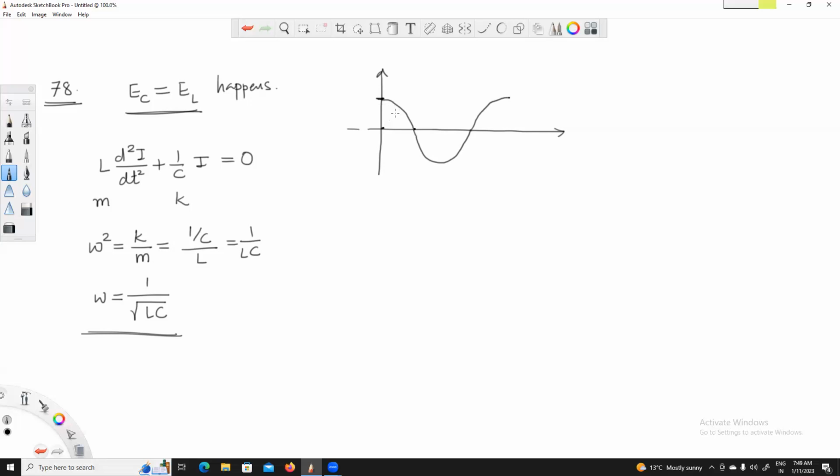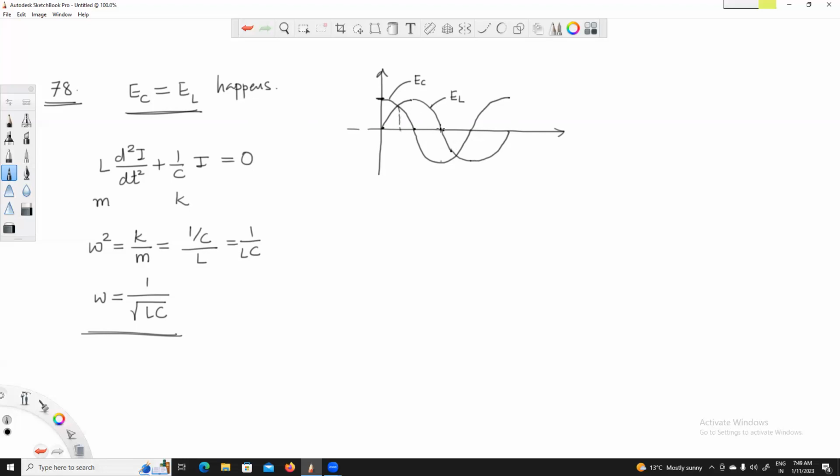When one becomes 0, the other becomes maximum. It will be maximum over here. Again it will start, and when it becomes 0, it will become maximum again. So let's say this graph is for EC and this graph is for EL. So when they become the same, this is what is asked here.